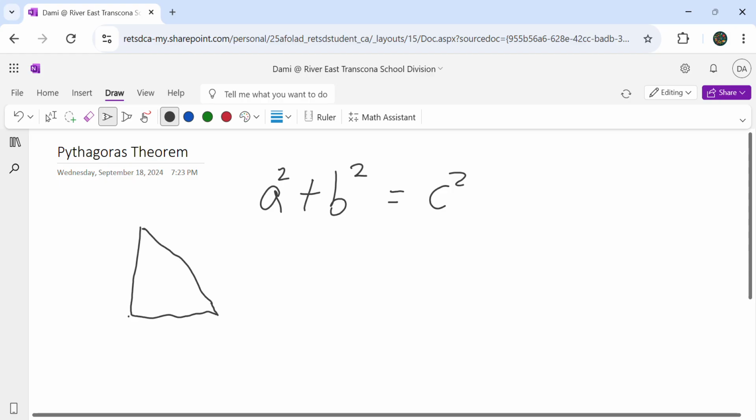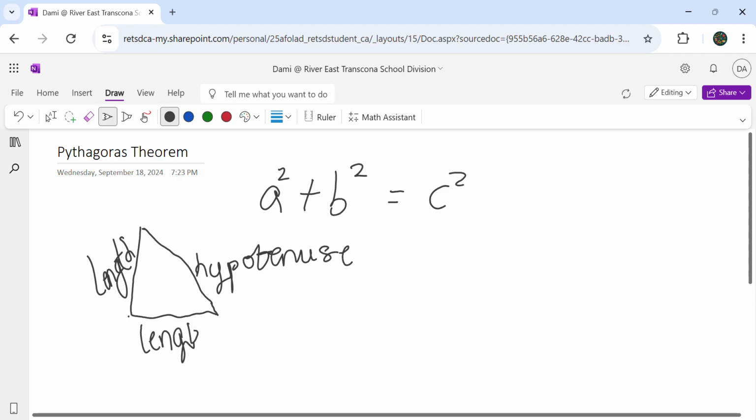C square is the hypotenuse, and then a square and b square are the lengths. It doesn't matter which way you put it, and it's always in a right angle triangle, this being the hypotenuse.